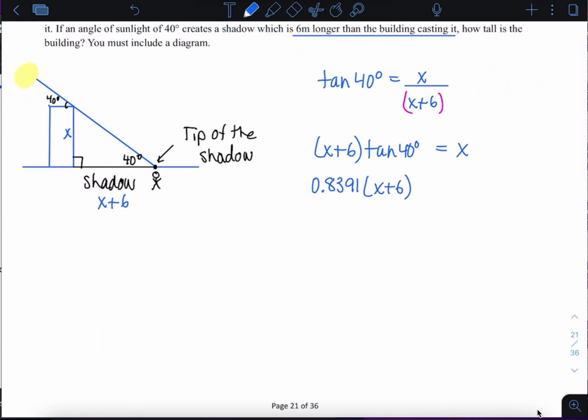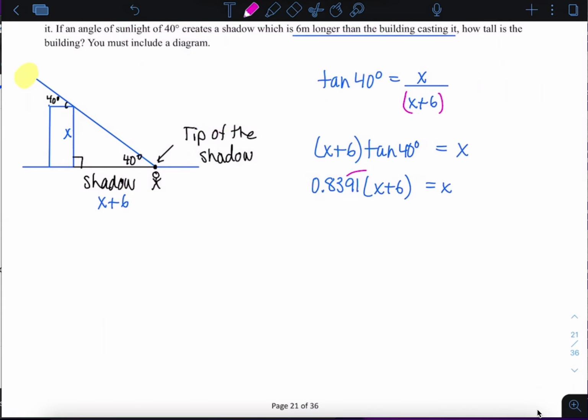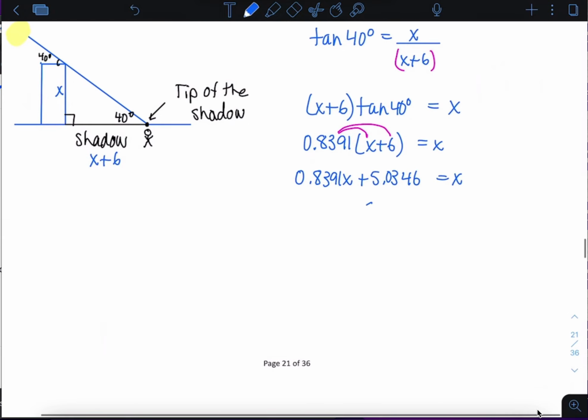And I prefer to write that number in front as a coefficient because it looks better and it makes more sense. And now I'm going to use the distributive property. I get 0.8391x plus 5.0346 equals x.